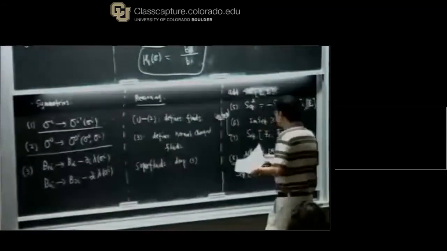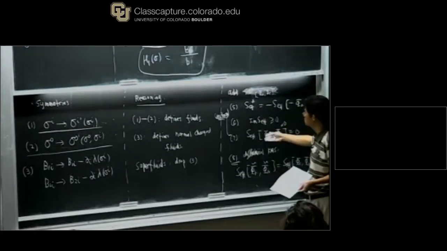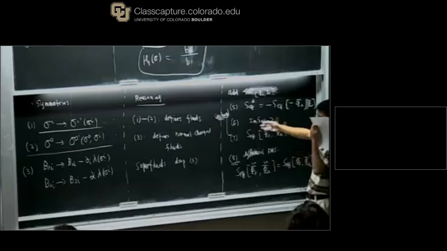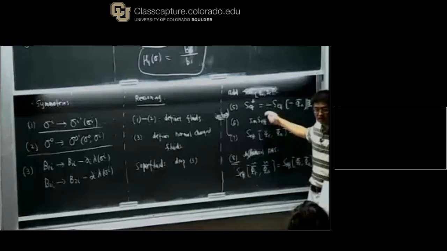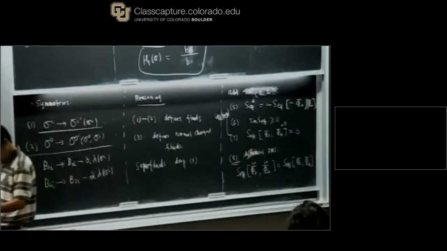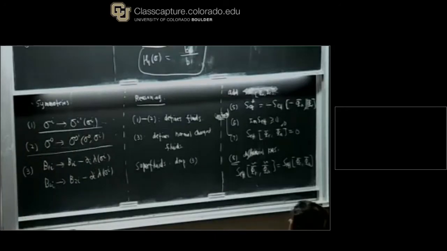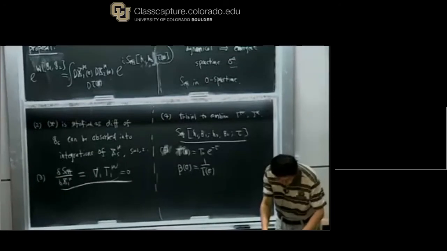And then you can take a classical limit, and those unitarity conditions actually survive in the classical limit. Good. So now let me just tell you the consequence of this.